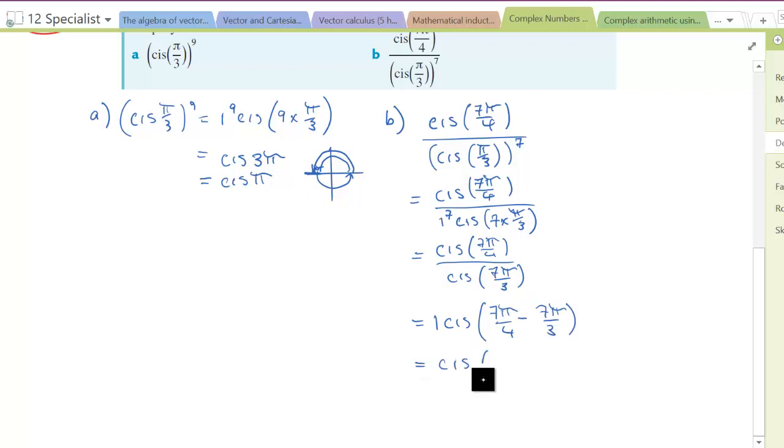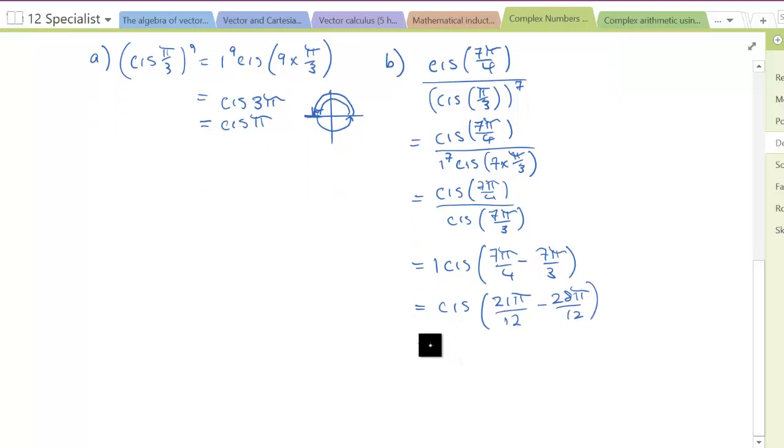Lowest common denominator is 12, so that makes this 21 pi on 12 and 28 pi on 12, which gives us cis negative 7 pi on 12. Now that's within the expected domain, so that's our final answer.